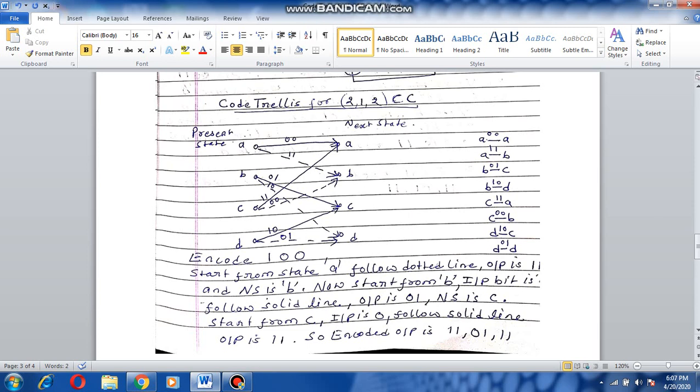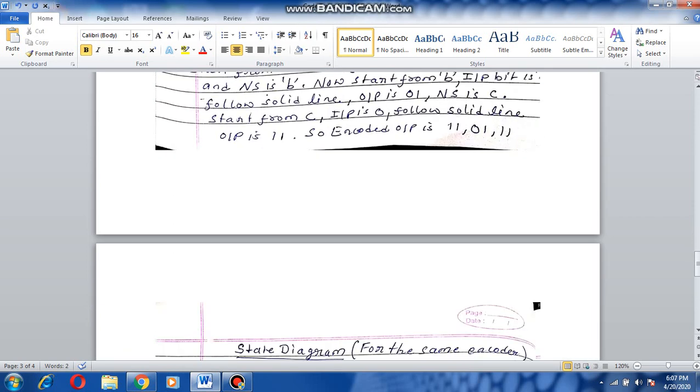Now the next state is B, so we have to start from B. Since the input bit is 0, we have to follow the solid line, and what is written over it? 0 1. Now we have to move to the next state, that is C. Since the input is 0, again follow the solid line. Output written over it is 1 1. So the encoded output is 1 1, 0 1 and 1 1.